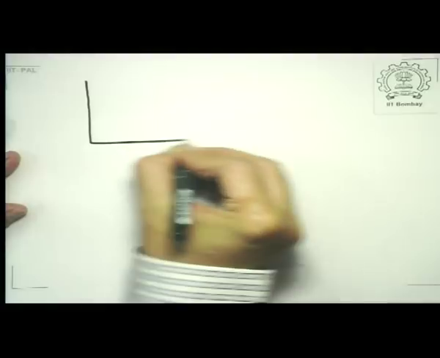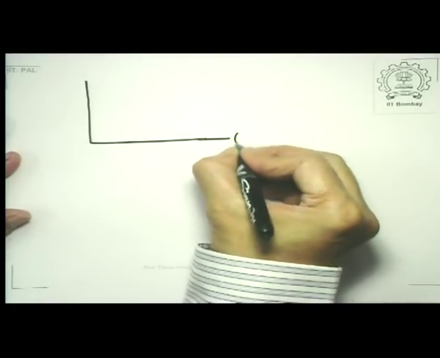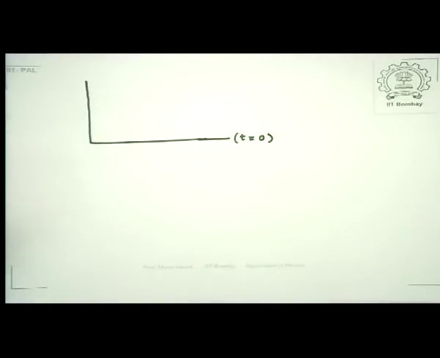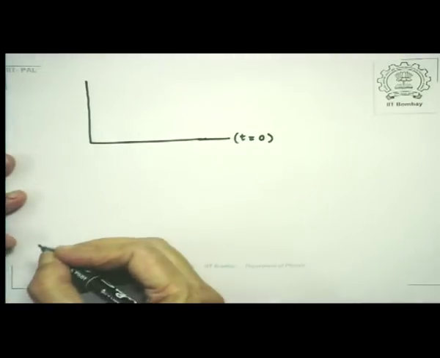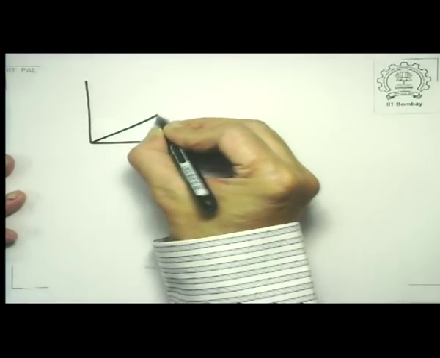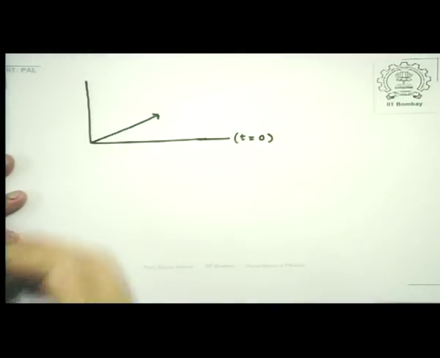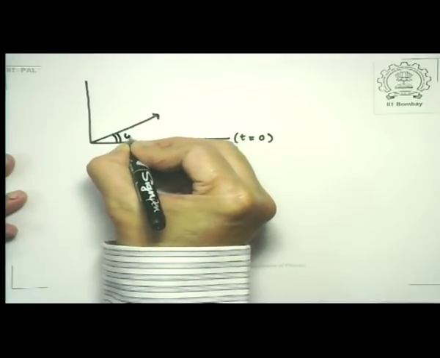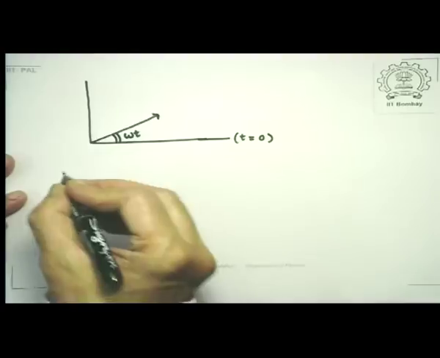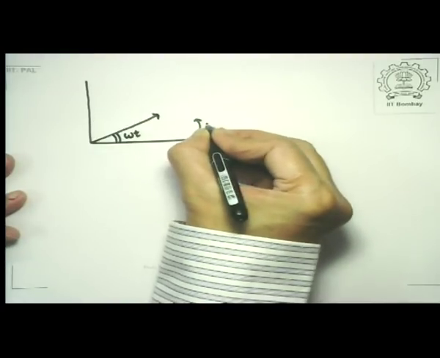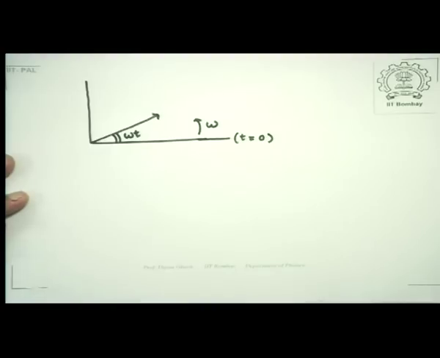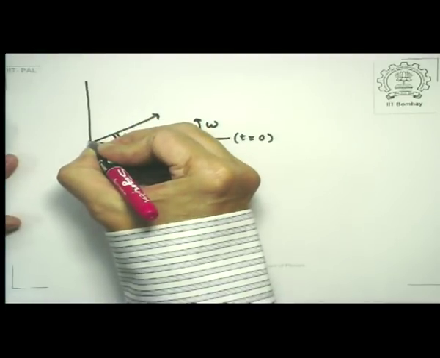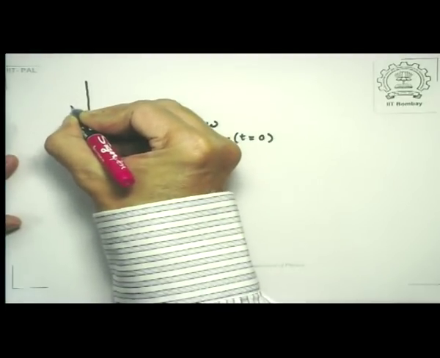Now what happens to the phasor diagram in this case? You recall that we had said that our x-axis here is t equal to 0, that is the reference line that we have been having, and at time t the phasor is a vector directed at an angle omega t to the t equal to 0 axis, and this phasor is rotating counterclockwise with an angular velocity omega. Since the current leads the voltage by pi by 2, the corresponding current phasor would be given like this.